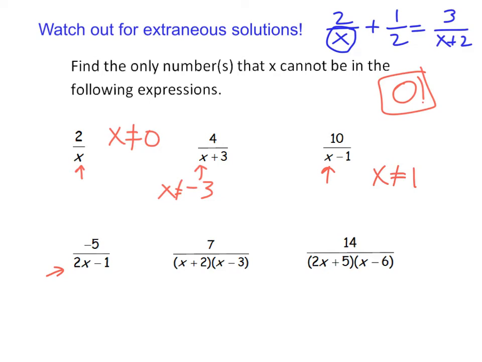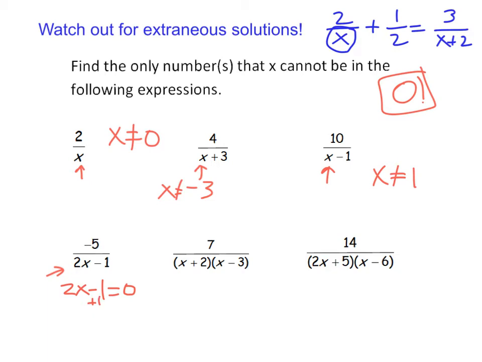Well, usually when we get to things like this where there's a number in front of x, some people are able to really easily see what that value would be. Others are going to need to do a quick mathematical equation. And that is, we cannot have the denominator, 2x minus 1, equal to 0. So if I set it equal to 0, I would find the value of x that I cannot use.